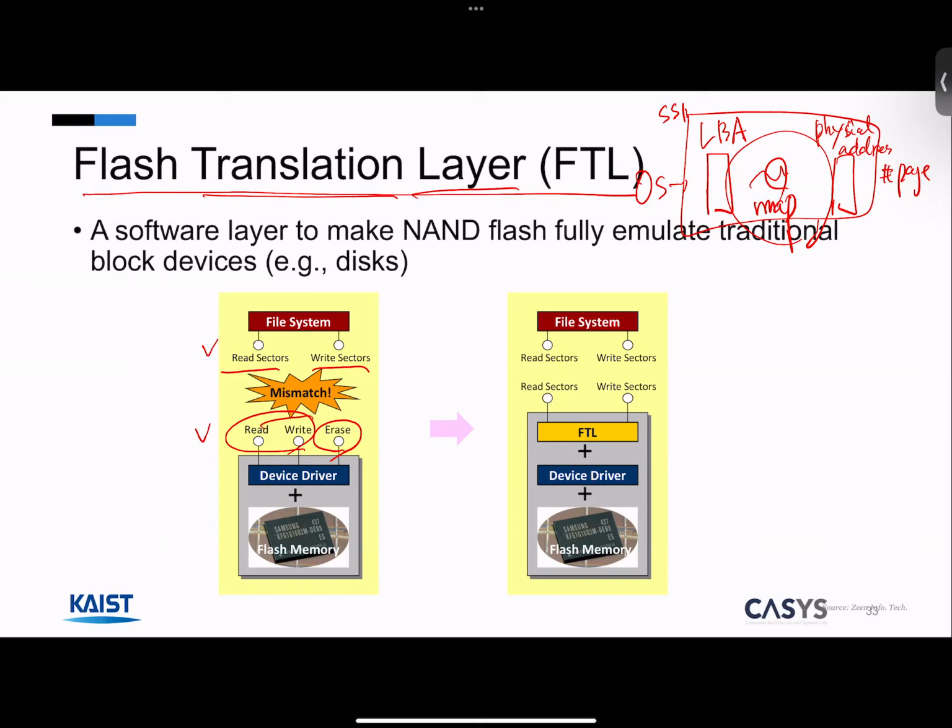One way is to expose this interface to the file system, and the file system performs the erase operation, which is a hassle. A better way is the FTL in the SSD, which takes the file system interface, read and write, and internally translates these commands into read, write and erase operations. This is the FTL. The device driver placed here is confusing, but let's not talk about it.